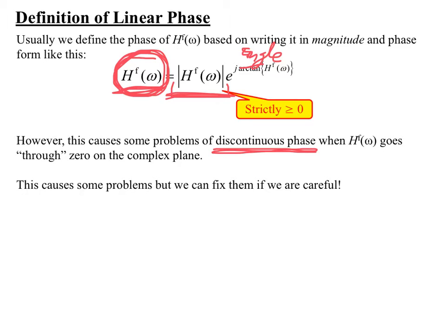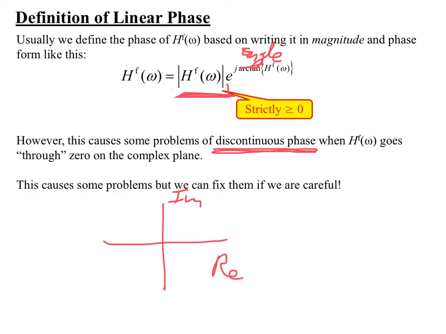So let's just take a look at that. So here's a real axis and an imaginary axis. Now be careful, this is not the z-plane, okay? What we're going to do is imagine looking at this H of omega up here as a complex valued function. And for each value of omega, it will be plotted.